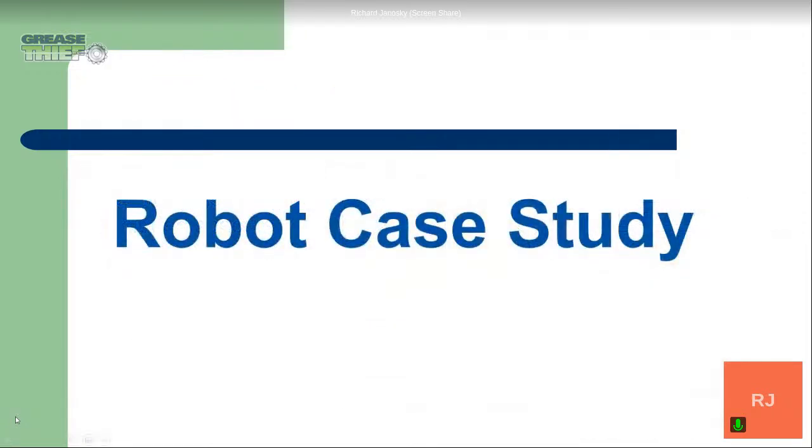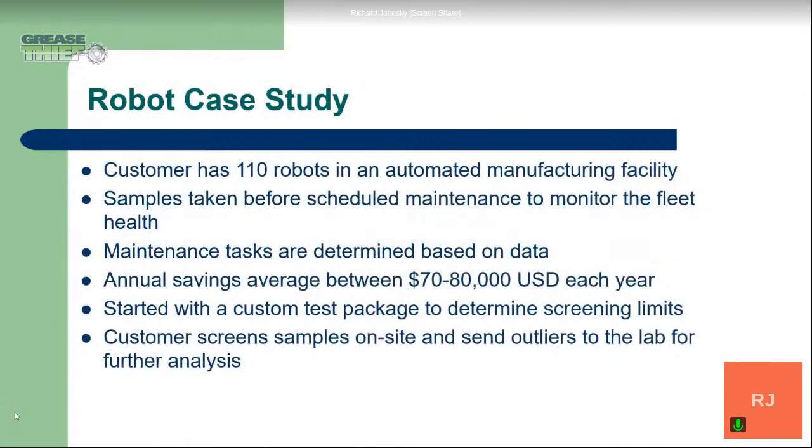So now we'll talk about a little case study that we have to share with everybody. In this case study, we have a customer that has 110 robots in an automated manufacturing facility. They take samples before their scheduled maintenance to monitor the fleet of the robots. And then maintenance tasks are determined based on their data.